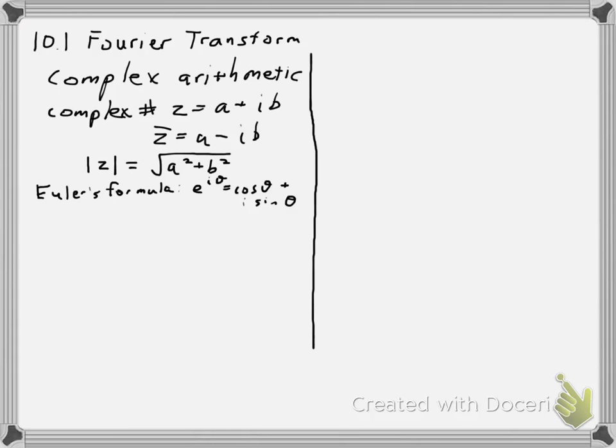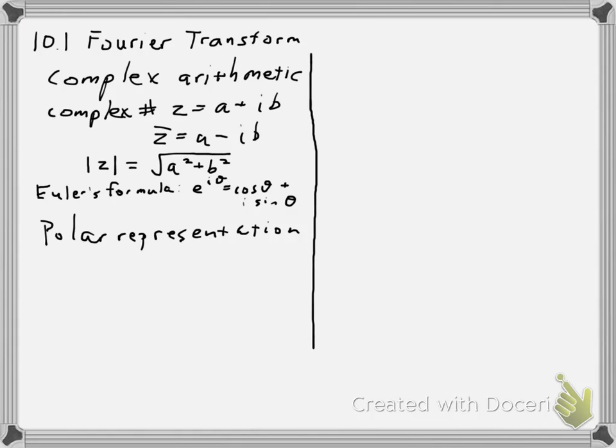One thing that's useful with complex numbers is to represent a complex number with its polar representation. So now I'm going to discuss the polar representation of a complex number.